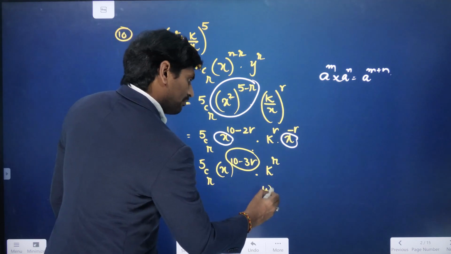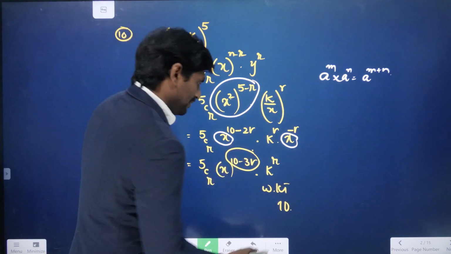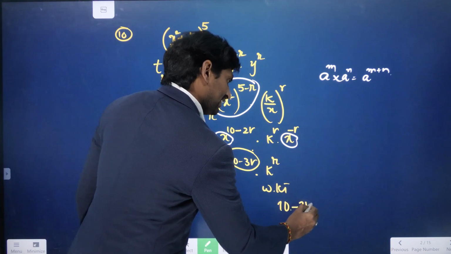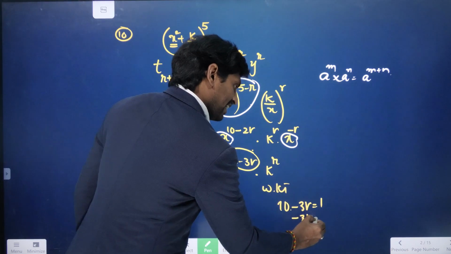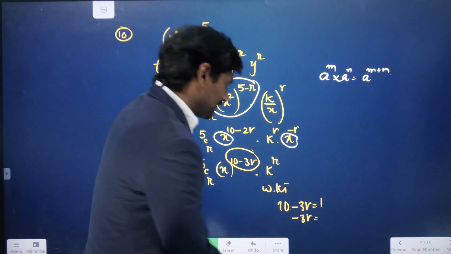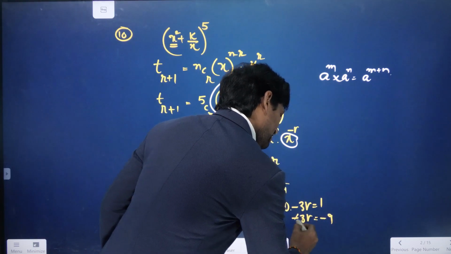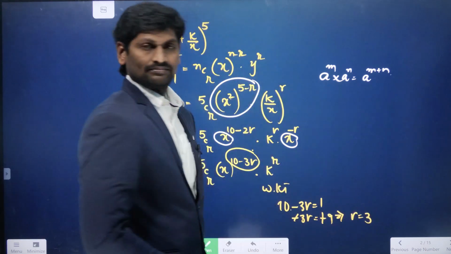So from that problem we know that the power of x must be 1. So 10 minus 3r equals 1. So minus 3r equals 1 minus 10, transposing 10 outside, which is nothing but minus 9. So from this we can identify the r value is 3.